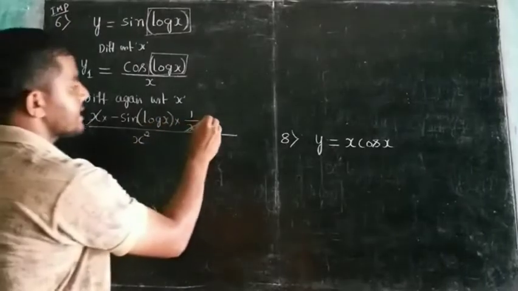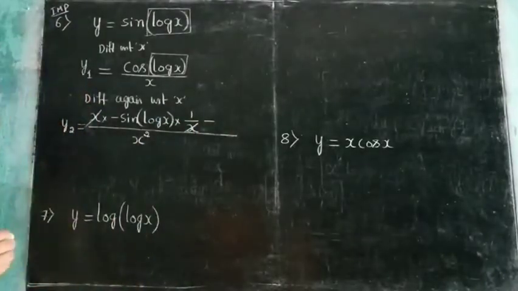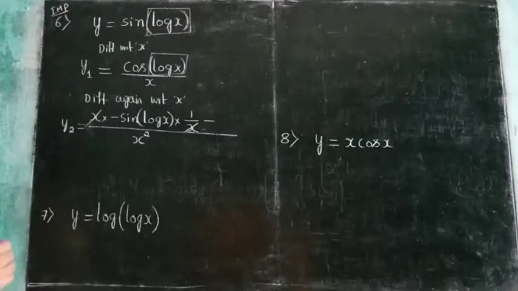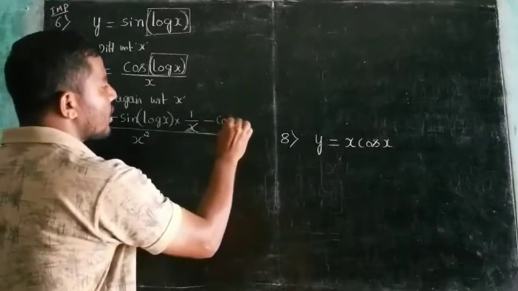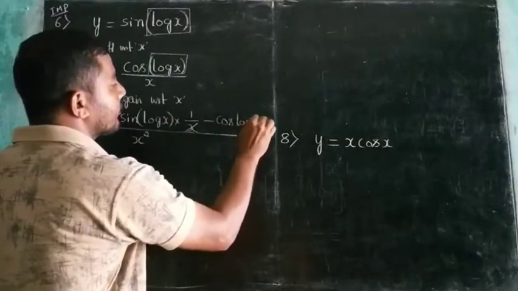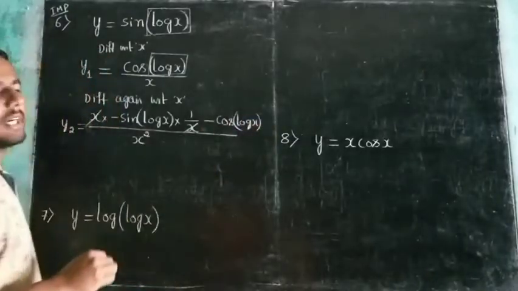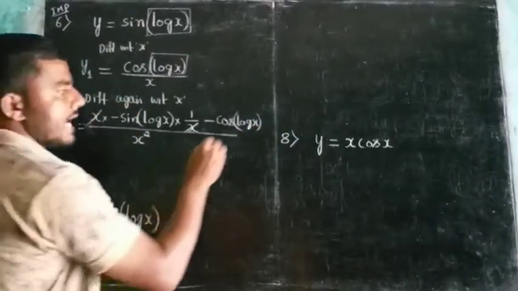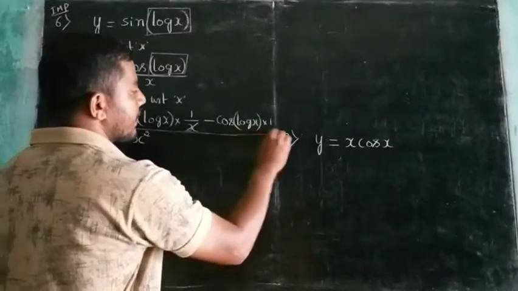Next, minus. Take numerator as it is. Numerator is cos of log x as it is. What is the derivative of denominator? That is x. The derivative of x with respect to x is 1.